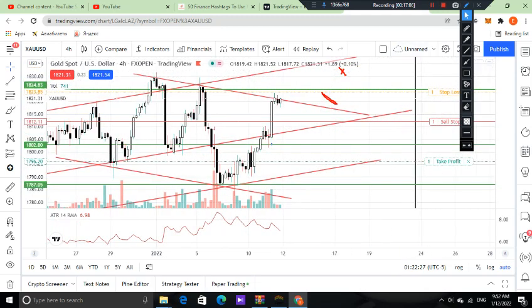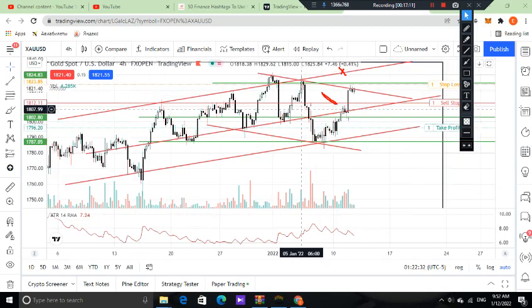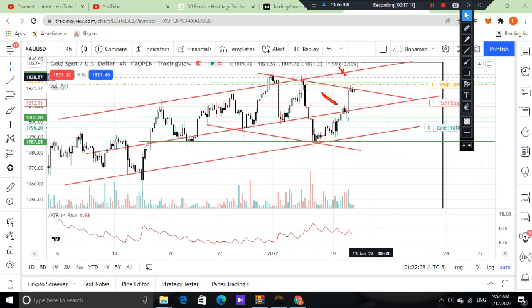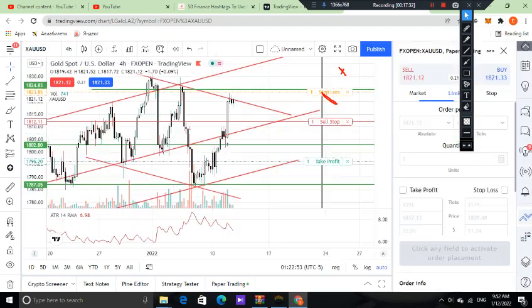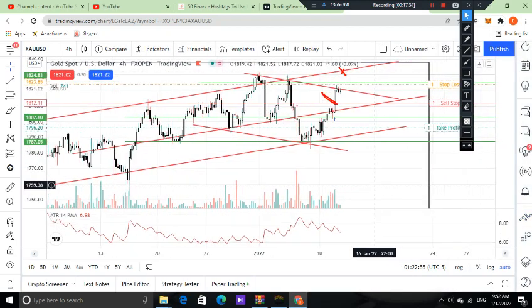But as I said, I decided to have another order in lower prices, just in case price moves higher. I don't want to miss this. I can set my order at this level, and I want to show you about stop loss.